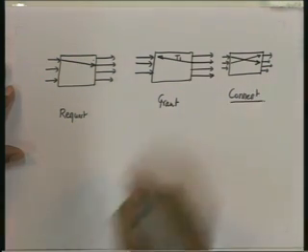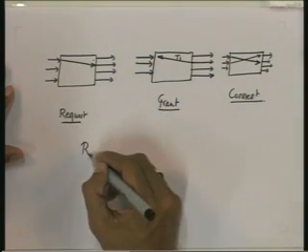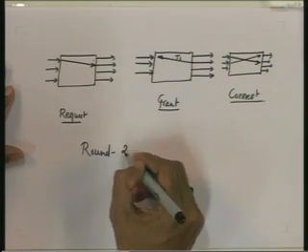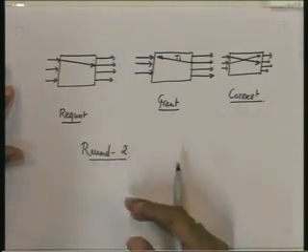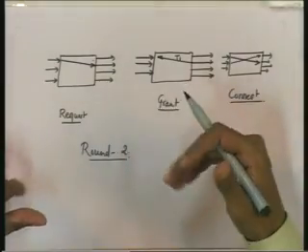This is happening in round 2. So on, round 3 will happen, and that way the packets can be transmitted through this crossbar switch to the other end.